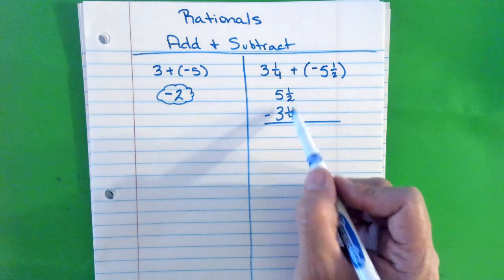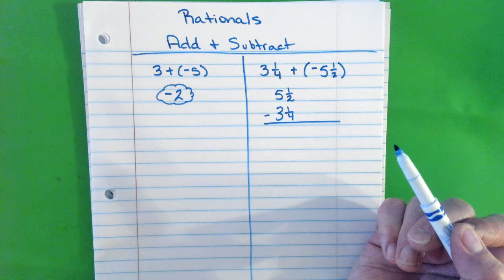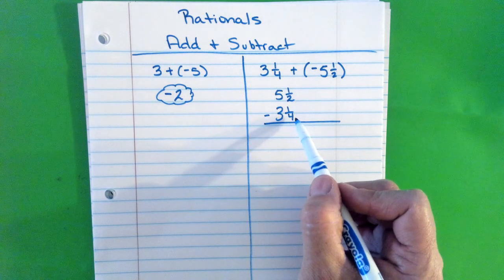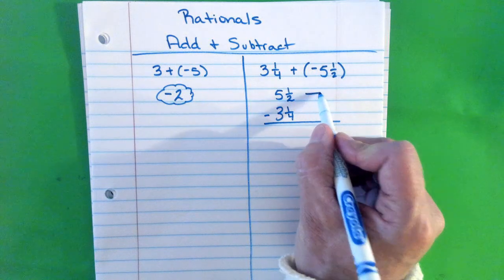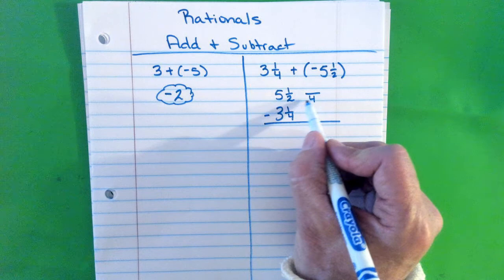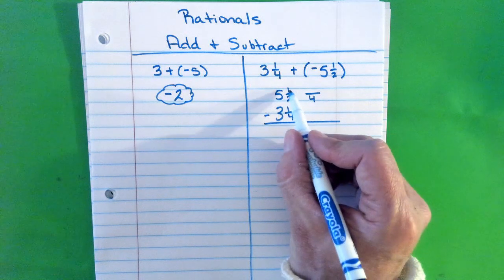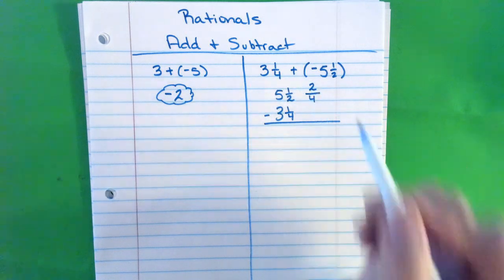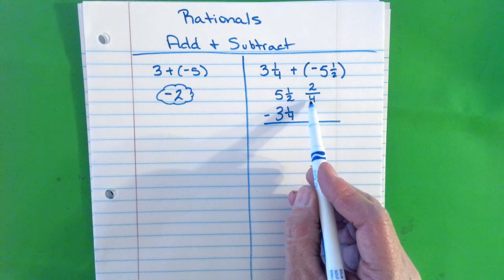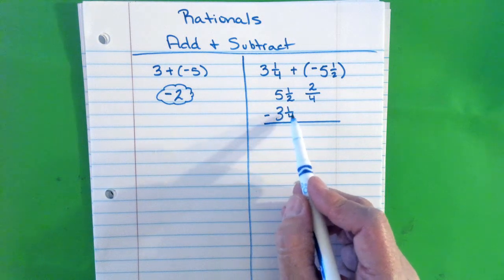What's our least common denominator? No, it's not 2. 2 builds up to 4. So they have to have a denominator that's in common. So I'm going to build the 2 up to a 4 times 2. What I do to the bottom, I do to the top, times 2. So 5 1/2 is now 5 2/4, and I'm going to take away 3 1/4.